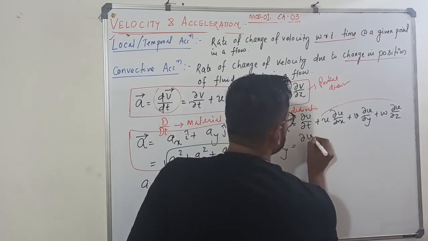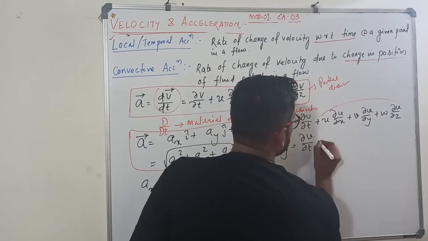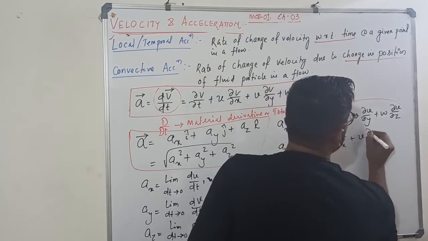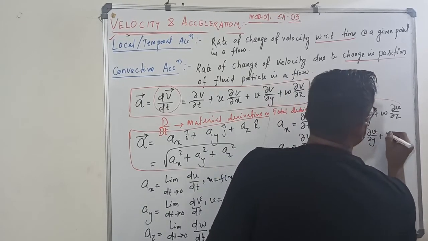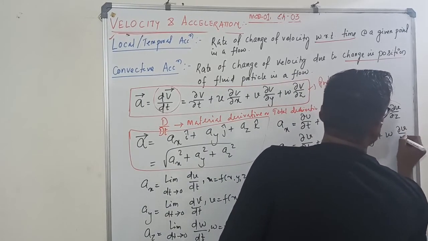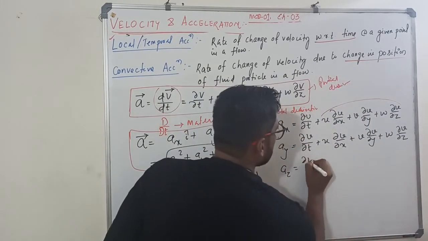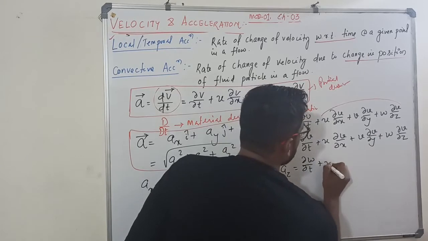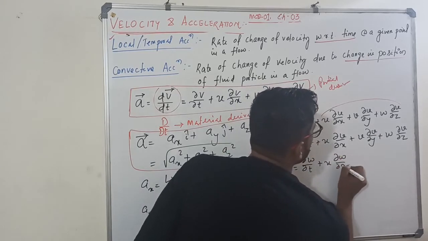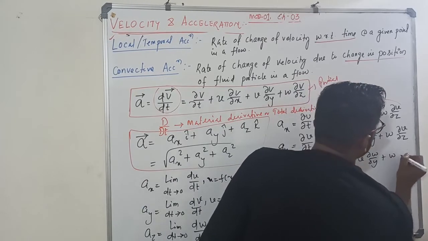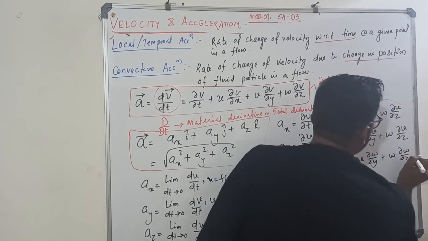So what is your ay? Sir, ay is del v by del t plus u del v by del x plus v del v by del y plus w del v by del z. Similarly, az is del w by del t plus u del w by del x plus v del w by del y plus w del w by del z.